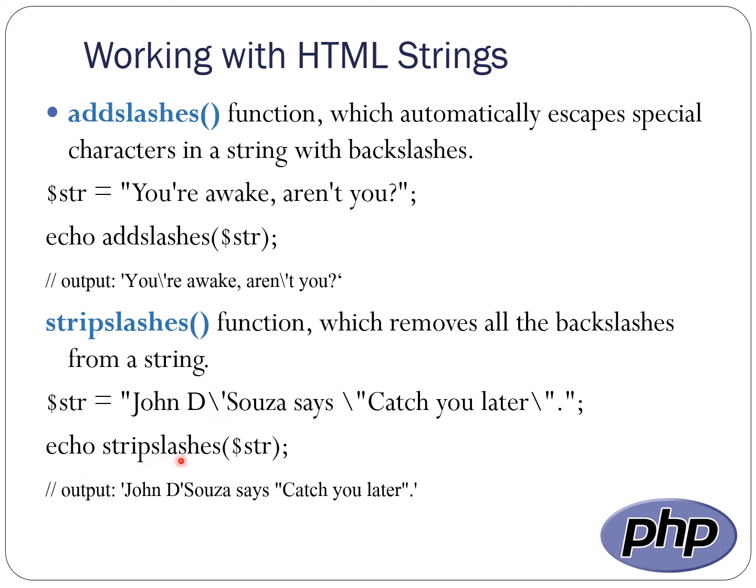So echo stripslashes of $str, the output will be "John D'Souza says catch you later." Likewise, addslashes adds backslashes to special characters, and stripslashes removes all the backslashes from a string value.